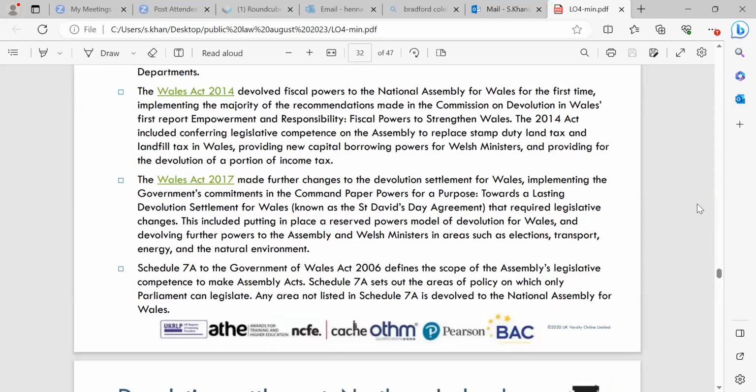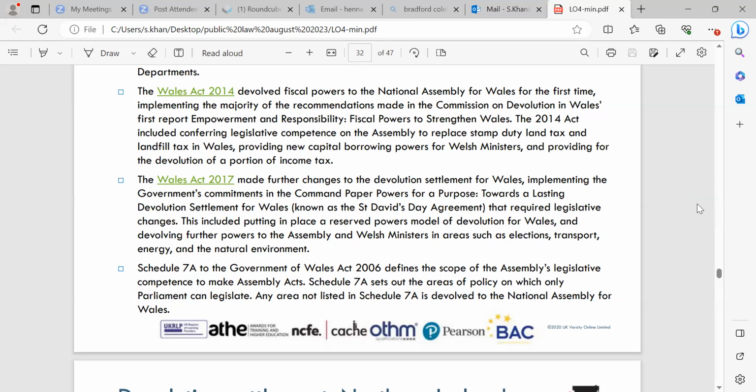The Wales Act 2017 made further changes to the devolution settlement for Wales, implementing the government's commitment in the command paper, Powers for a Purpose: Towards a Lasting Devolution. This included putting in place a reserved powers model of devolution in Wales and devolving further powers to the Assembly and Welsh ministers in areas such as elections, transport, energy and natural environment.